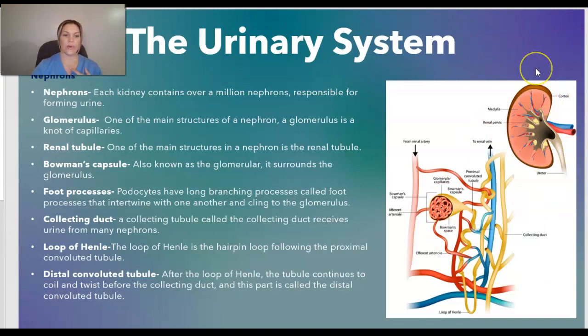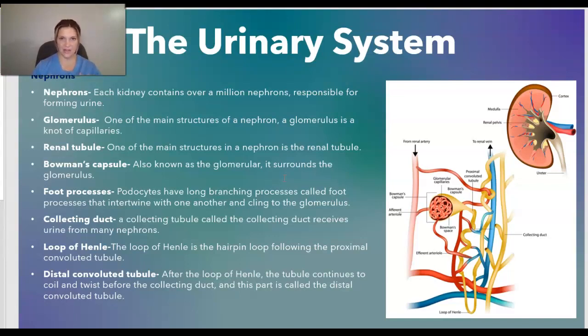There's the Bowman's capsule, also known as the glomerular capsule, and it surrounds the glomerulus. You have foot processes or podocytes, which have long branching processes called foot processes that intertwine with one another and cling to the glomerulus.